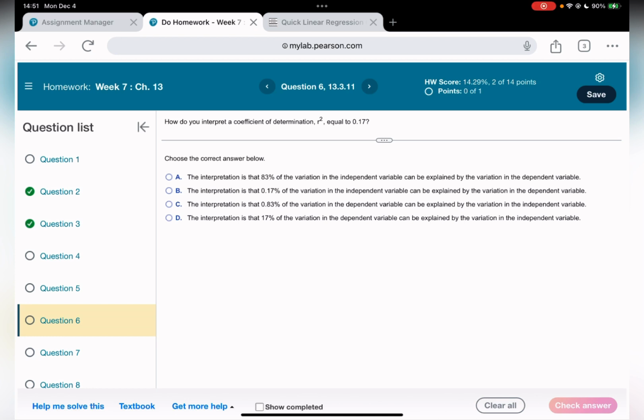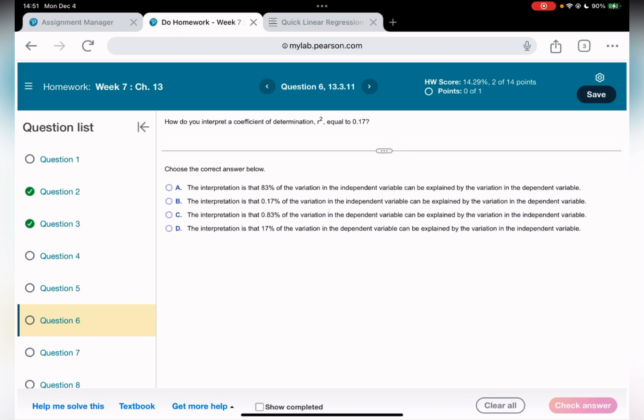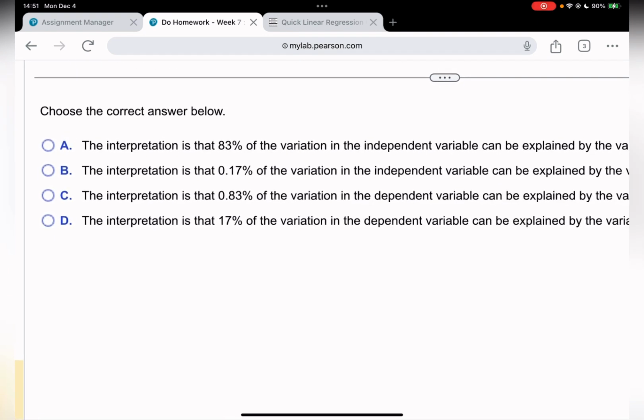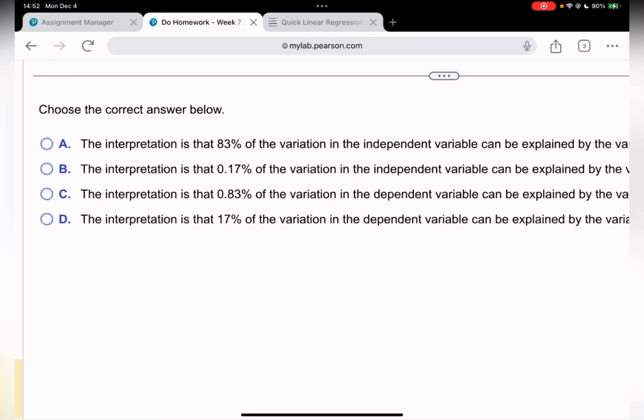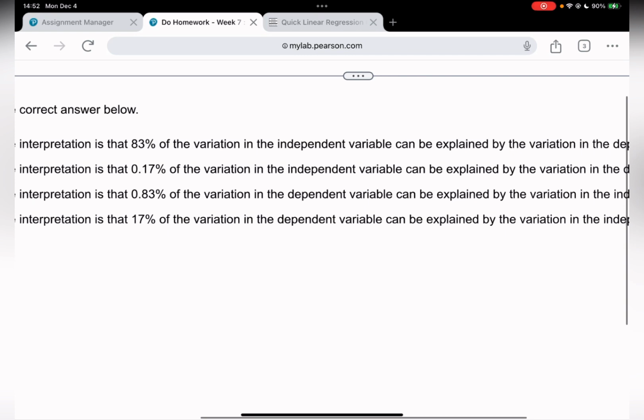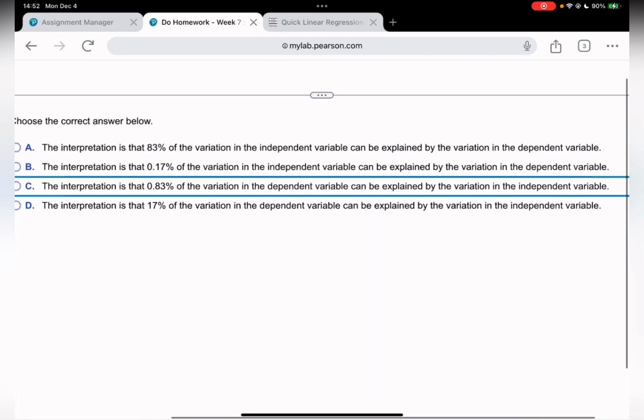All right, so in our case, since we have R squared equals 0.17, which means 17%, because 0.17 is a decimal notation, the interpretation is that 17% of the variation in the dependent variable is explained.